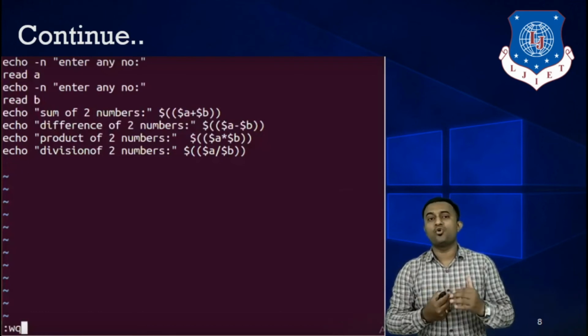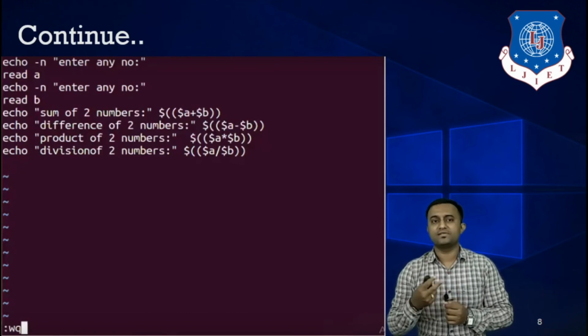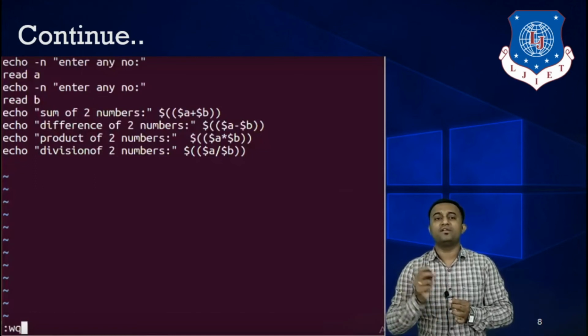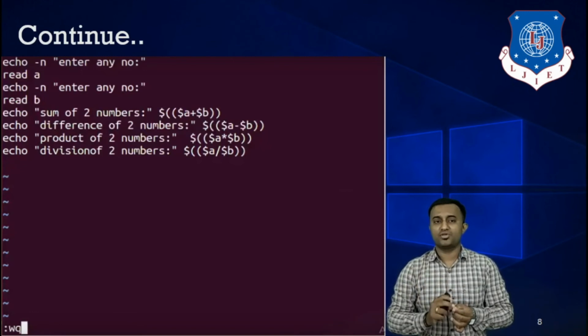First is echo sum of two numbers. Whatever two numbers I have inserted, I need to perform the summation or addition operation on them. Then the difference or subtraction operation, then the multiplication operation, and the division operation.